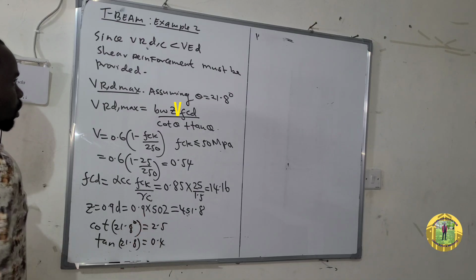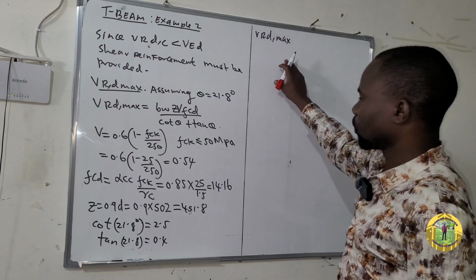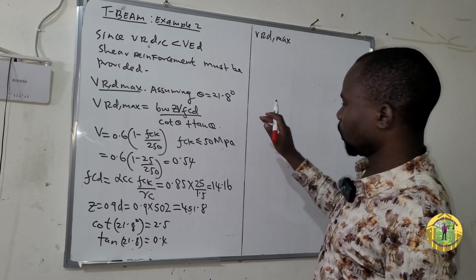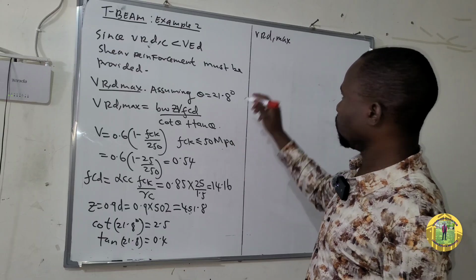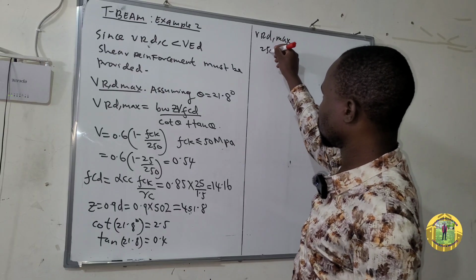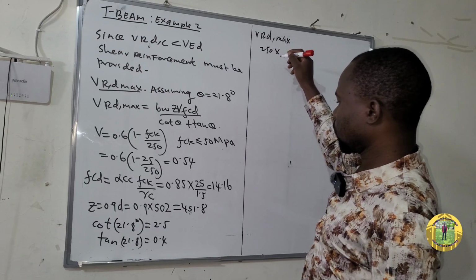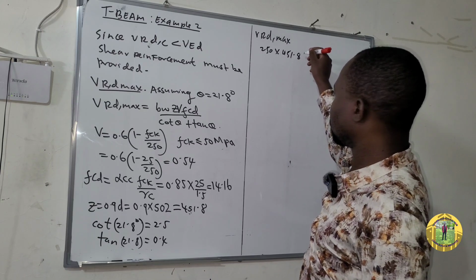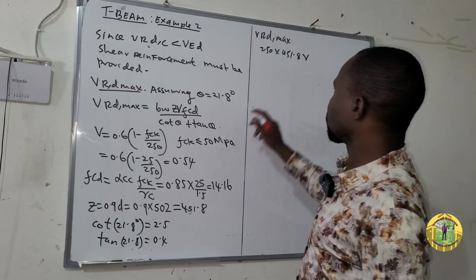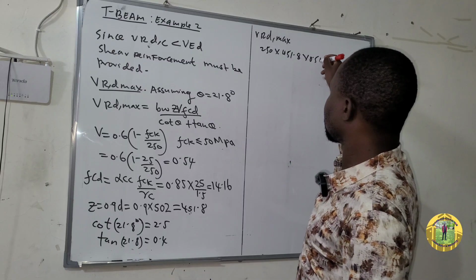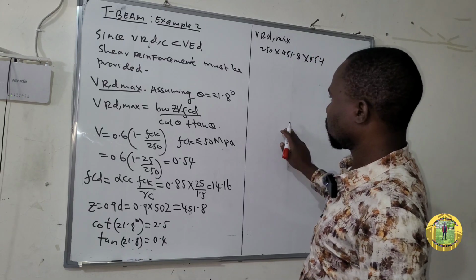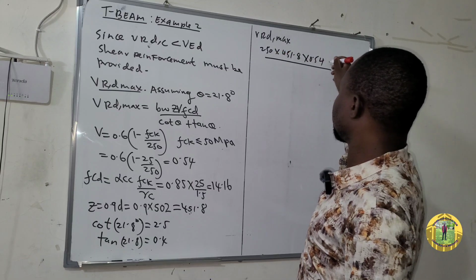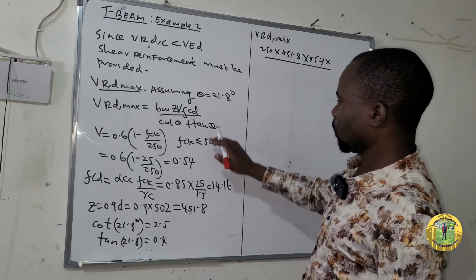You'll get 2.5. Let's insert these values in our formula. So BW is 250 times Z is 451.8 times V 0.54 times FCD.